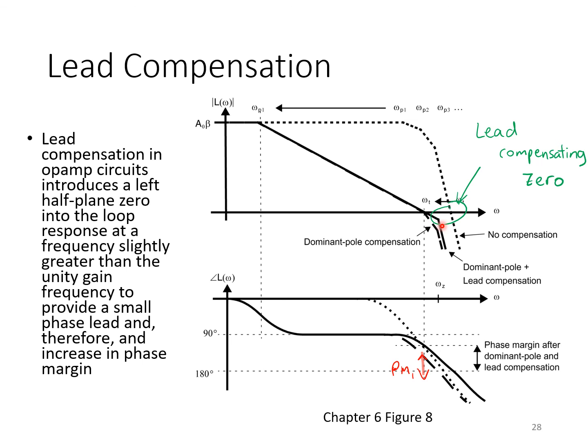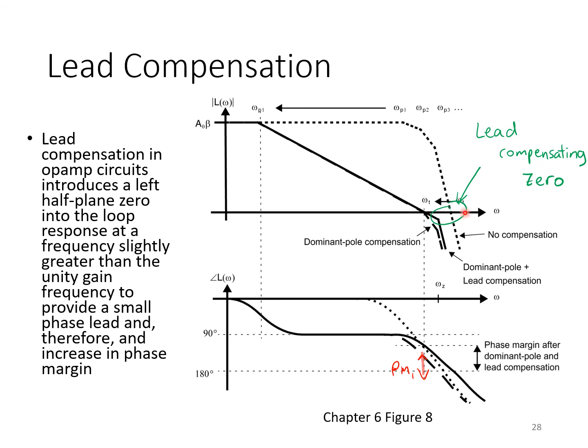Keep in mind that when you actually plot these things, you're not going to observe sharp corners such as I've shown here in this piecewise linear approximation of the Bode plot. Everything will be rounded, so it may be less clear from the Bode plot exactly where these corner frequencies are. This is just a cartoon to illustrate the point, but certainly introducing the lead compensating zero will cause the magnitude response to bend up a little bit.